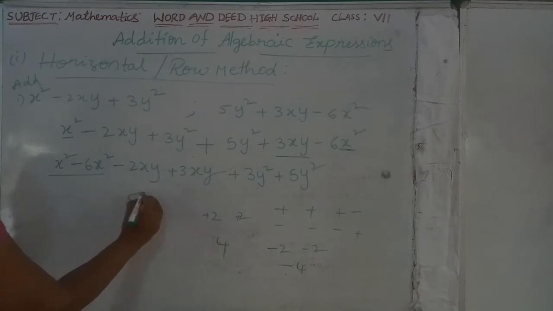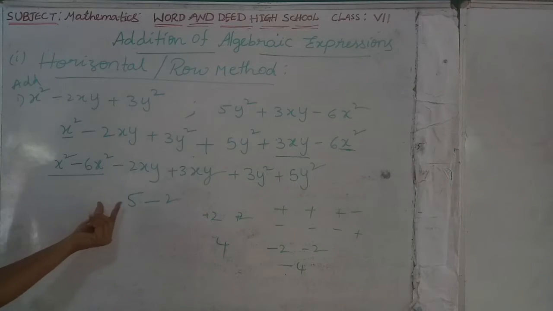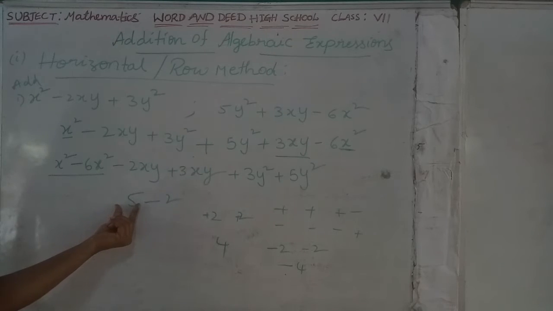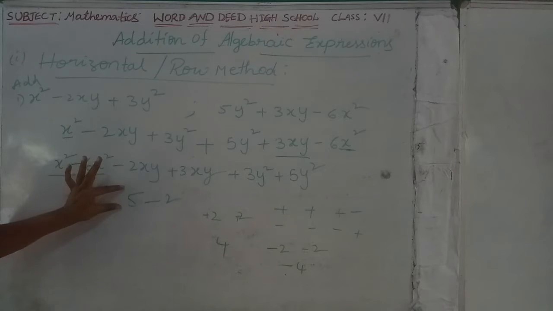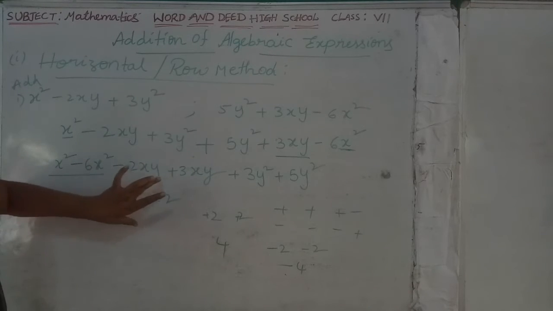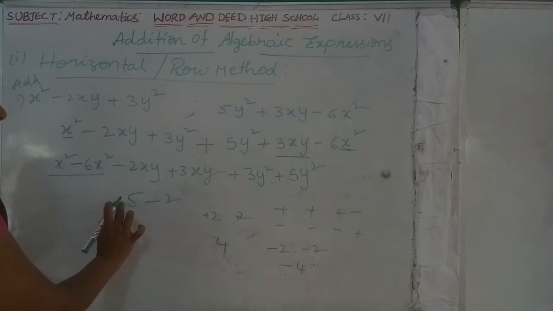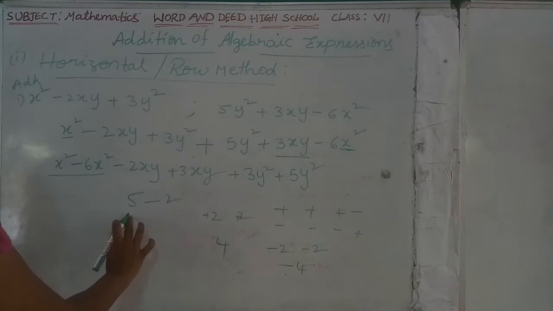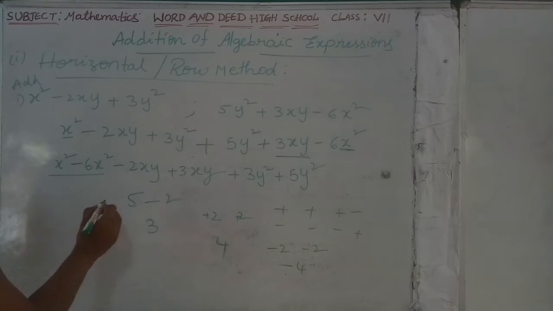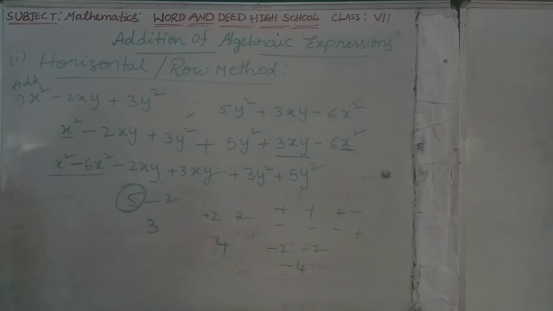Now, one positive and one negative: 5 has no symbol, so it is positive 5, and negative 2. Plus 5 minus 2 means we subtract: 5 minus 2 is 3. In front of the bigger number, whatever symbol we have, we write that symbol. That means plus 3.